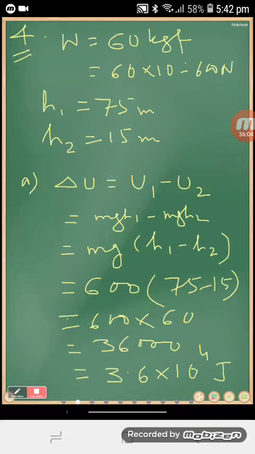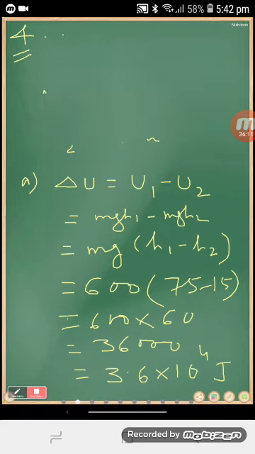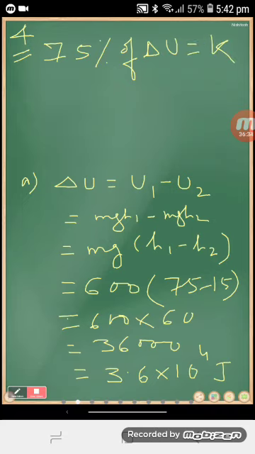Now second part, it says that if 75% of this energy is converted into kinetic energy. So very simple, 75% of delta U is equal to K. We have to find out the velocity.